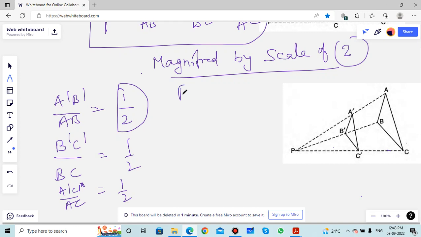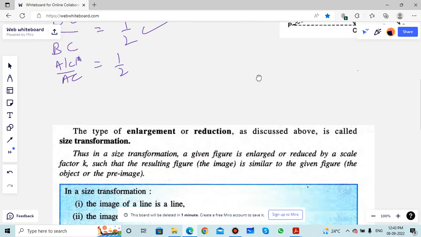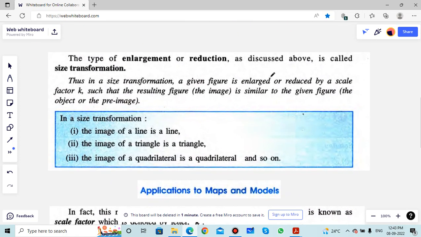So we can say reduced. The word is reduced by scale of half. You can see that it is becoming half here. Scale factor is how much? Half. Understood?